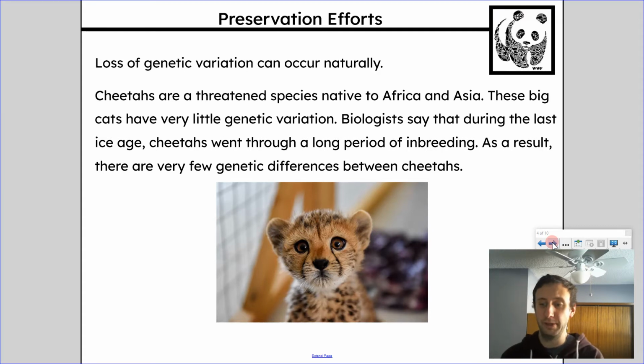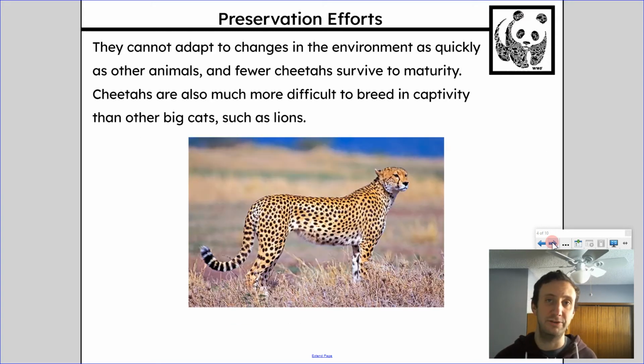which is a problem because with that low genetic diversity, you're not getting any adaptations. You're not getting changes in offspring that will enable them to survive in changing conditions. So they cannot adapt to changes in the environment as quickly as other animals, and fewer cheetahs survive to maturity. Cheetahs are also much more difficult to breed in captivity than other big cats such as lions.